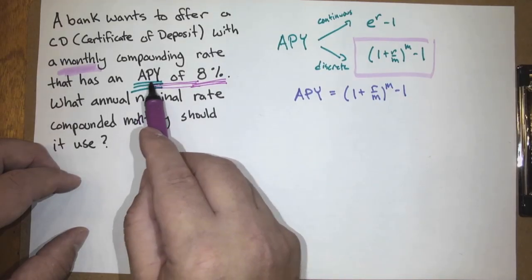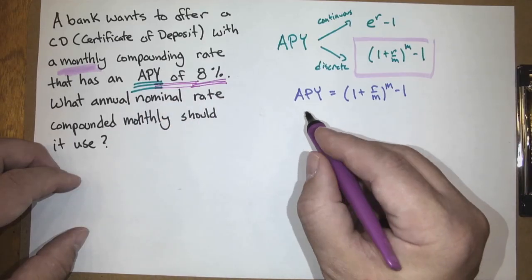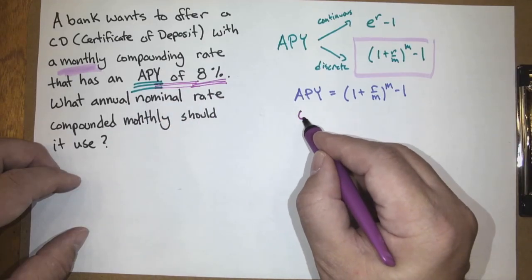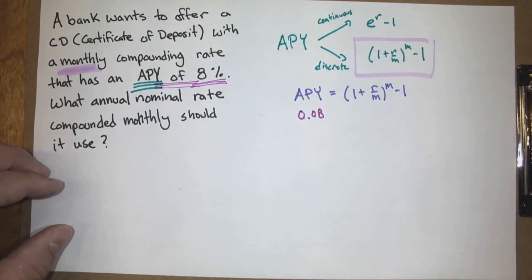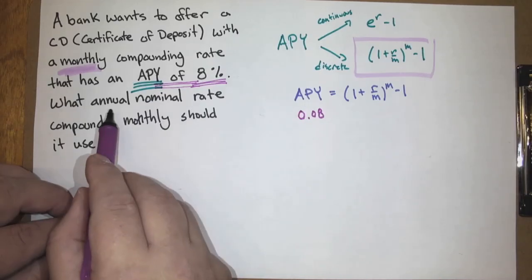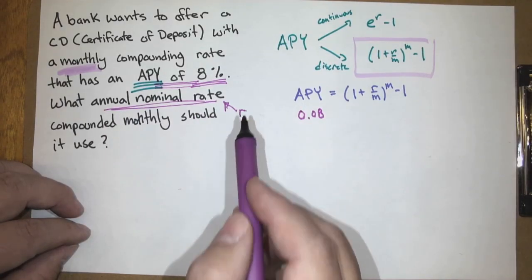Because it's the APY of 8%. So we want to say, hey, our annual percentage yield is 8%, or as correctly pointed out, 0.08. So the annual nominal rate, this is what they're saying is r.